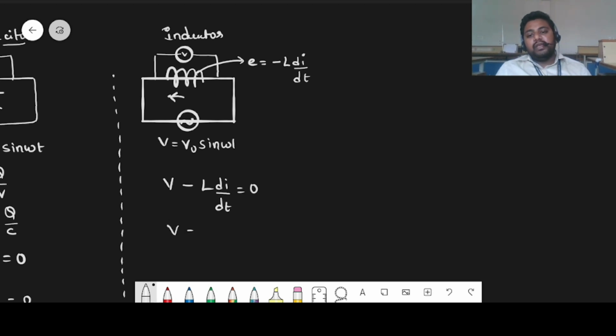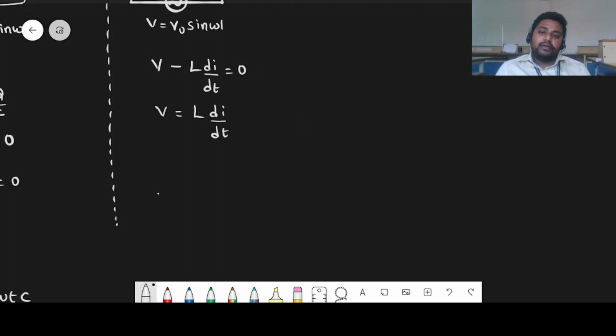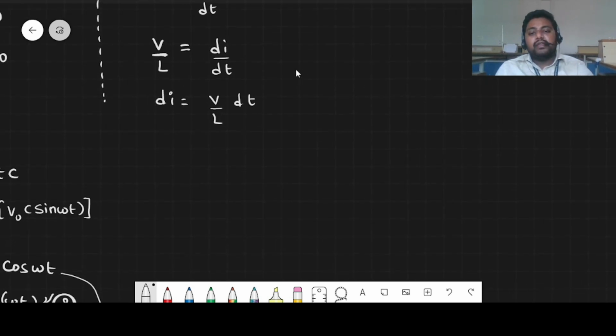So that means V is equal to L into di by dt. From this expression, I can write V by L is equal to di by dt. So di can be written as V by L into dt. So what is V? V is nothing but V naught sine omega t into dt divided by L.